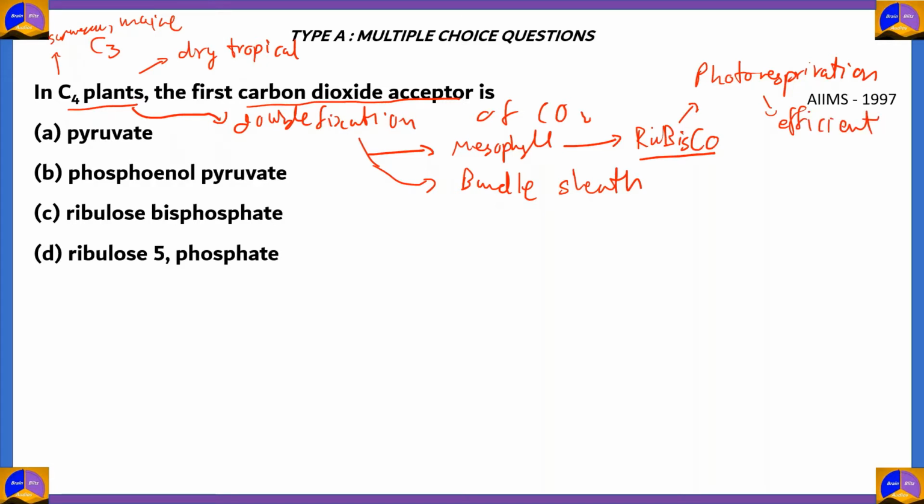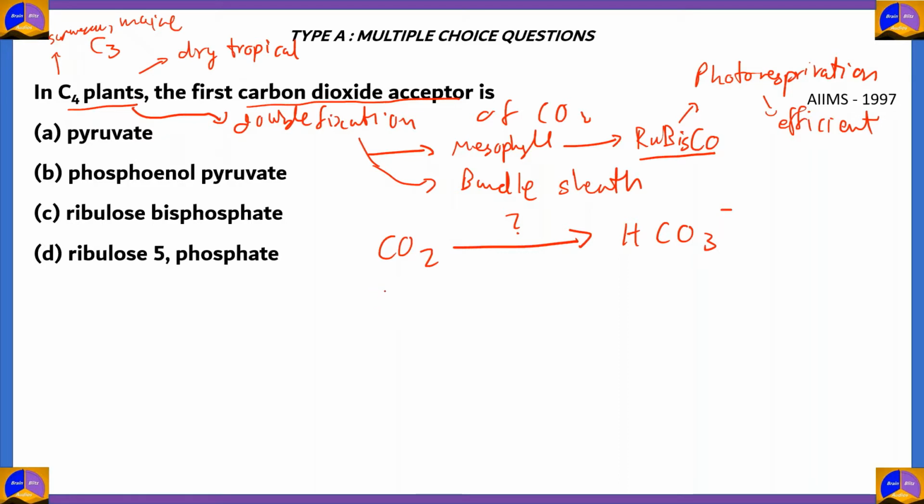So if rubisco isn't the enzyme present, then what enzyme and what acceptor is present? CO2 is converted by the acceptor into hydrogen carbonate. It's HCO3 minus.